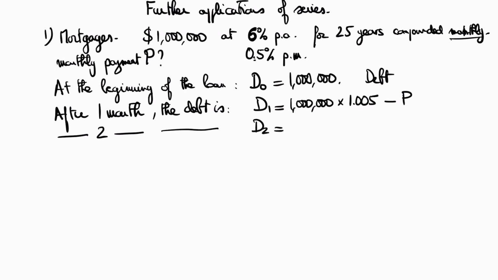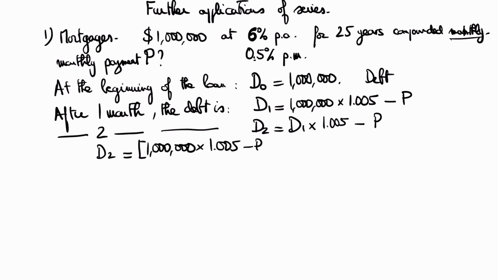And D2 is, well, the debt that I had at end of month 1, which has now accumulated again interest, so it's 1.005. But then I'm making a new payment, which is payment P. So, okay, I can maybe simplify a bit this expression. So D2 is equal to D1, that's $1 million, times 1.005 minus P, times 1.005 minus P. And so, okay, let's reorganize that a little bit.